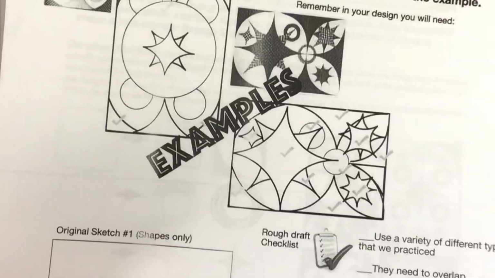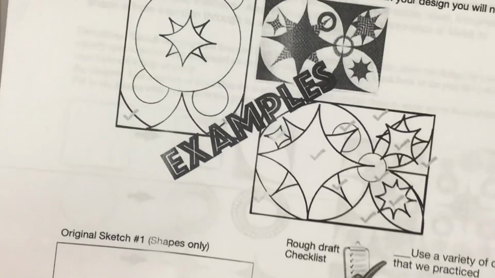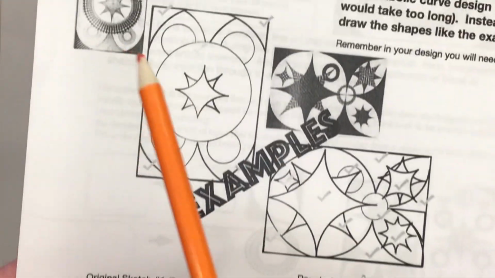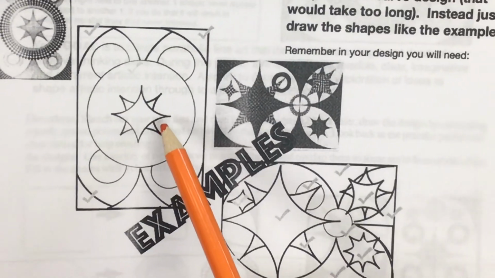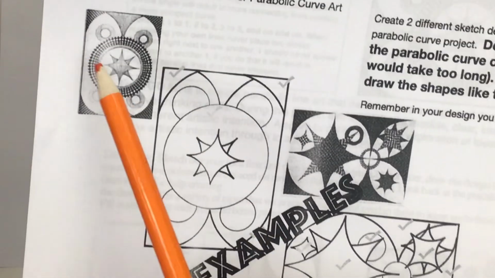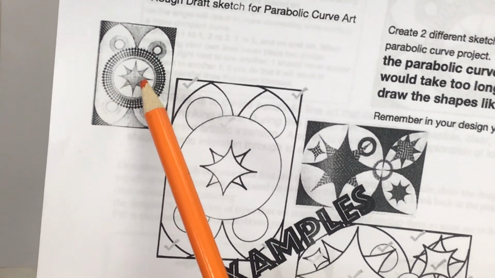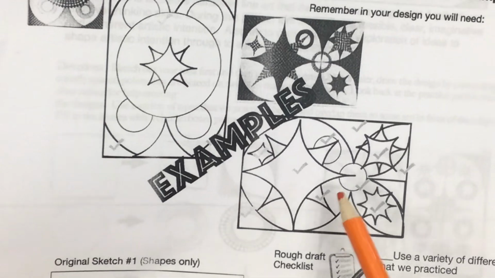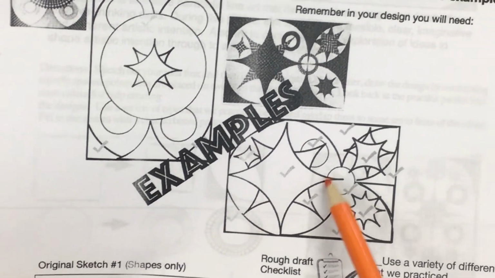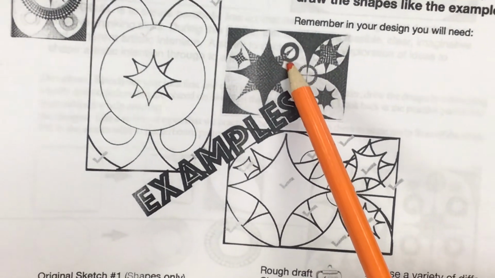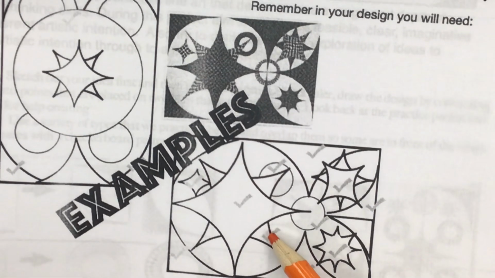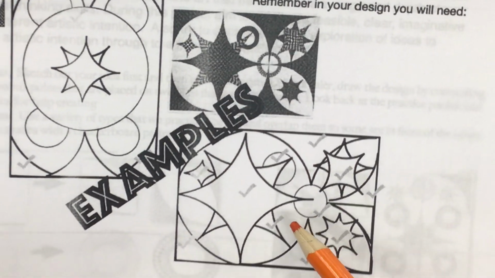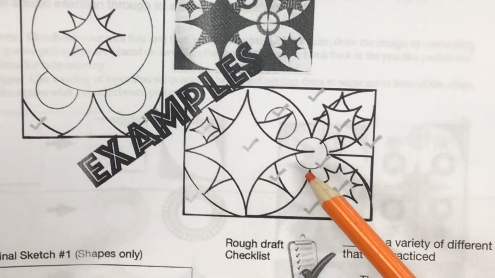So if you look here, this one, okay, is just the shapes, right? So maybe the finished product would look like this on your big paper, and then this one right here, the finished product, would look like this. This is going to take a couple of days. However, the sketch won't take too long because you're just doing the shapes.